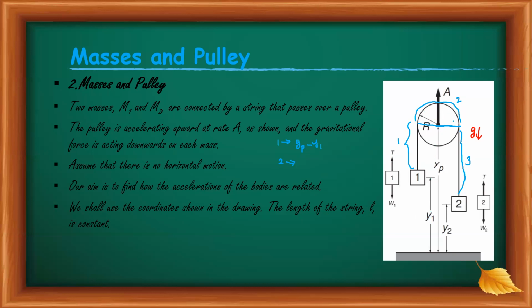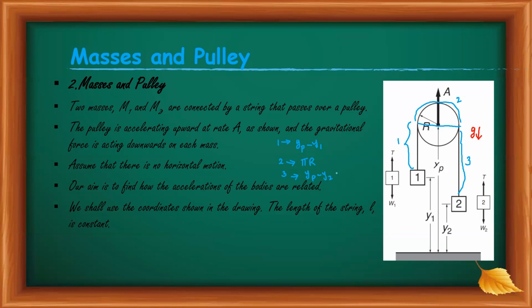It is half of the circumference of the circle of radius r. We know that the circumference of a circle having radius r is 2 pi r. Then half of that must be pi r. Then the second is pi r. And the third is this length. This is yp and this is y2. Then we can write it as yp minus y2.